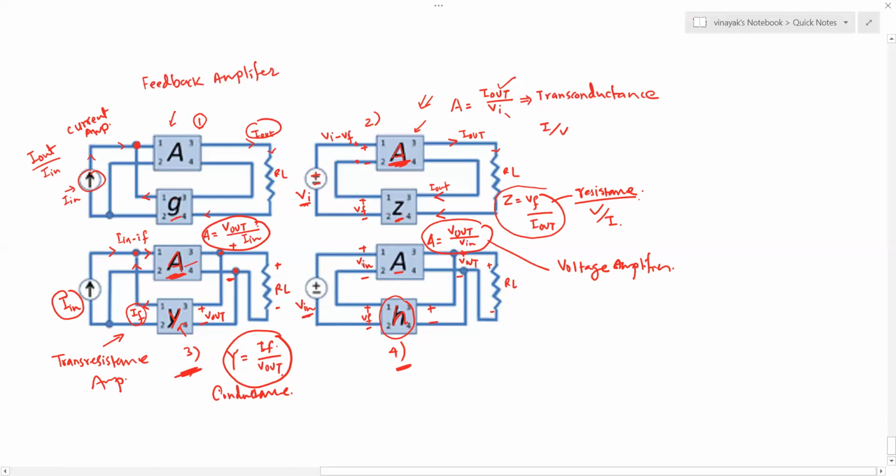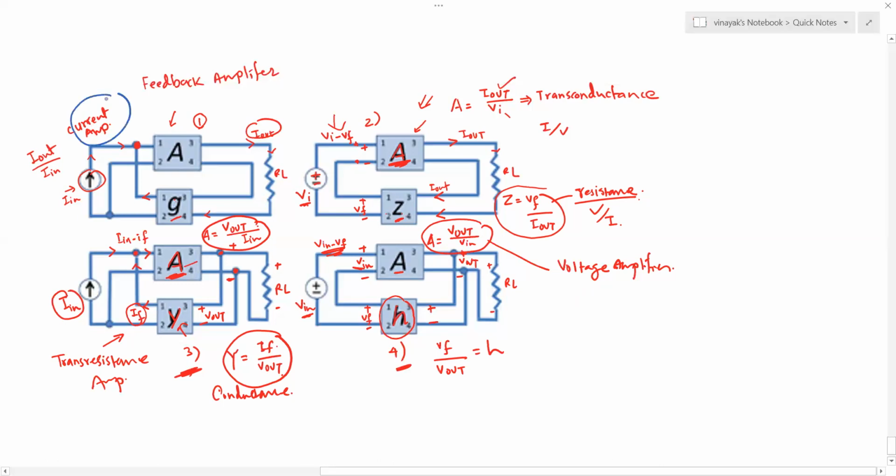The new voltage is V in minus Vf, just the same as the second configuration. Here the ratio of Vf divided by V out is the transfer function of the feedback network, that is H.